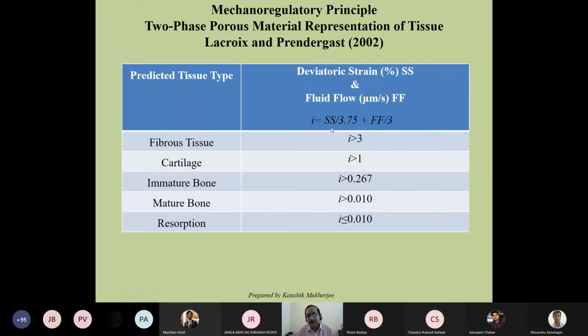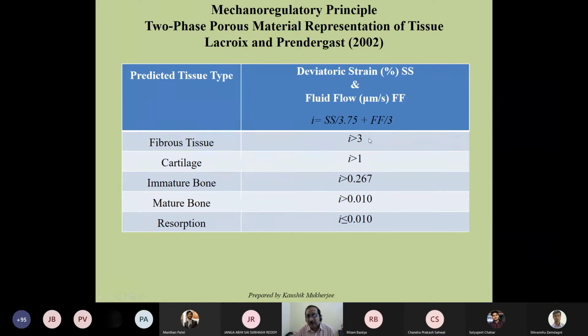Based on I, when I is greater than 3, it is fibrous tissue. I greater than 1 is cartilage. I greater than 0.267 is immature bone, and mature bone is 0.01.